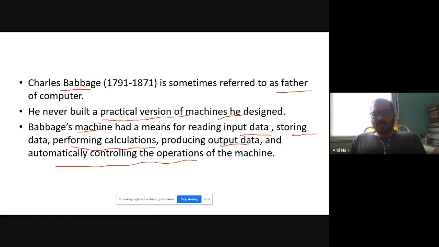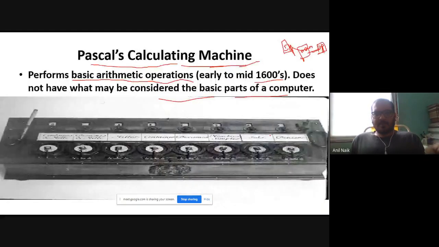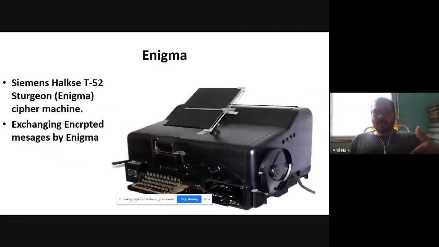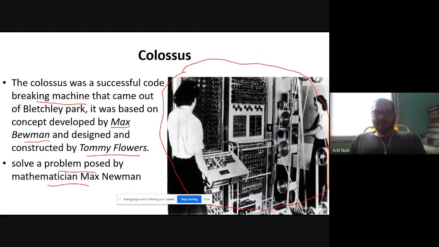Here you can see the progression from Pascal to Babbage's difference engine, the automatic calculator, then the encrypted messages, and then Colossus, which was also used to perform some mathematical operations.